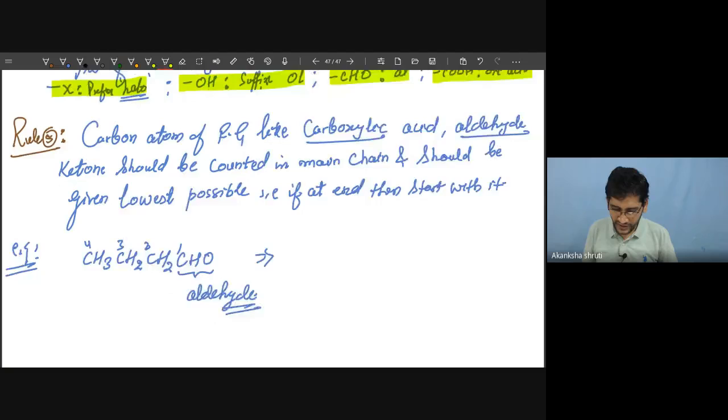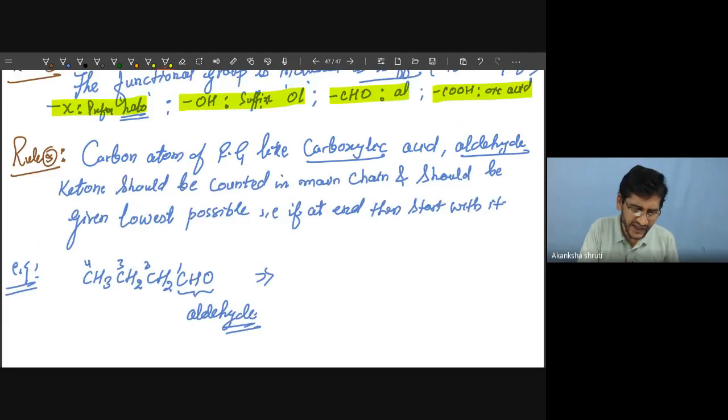So here we need to keep aldehyde at the end. From this we shall start the counting by considering the rule number 5. And the name, because of the 4 carbon, it is considered as derivative of butane. So E should be replaced by aldehyde Al. It is one thing. It's enough. Nothing is given in the prefix. Even the numbering is not required.